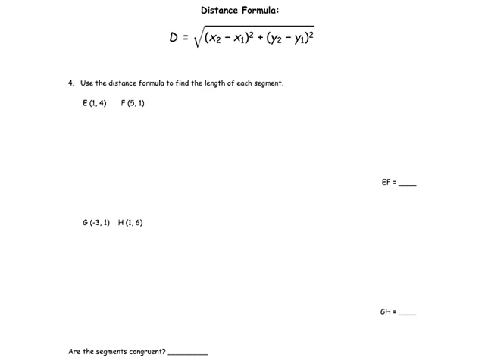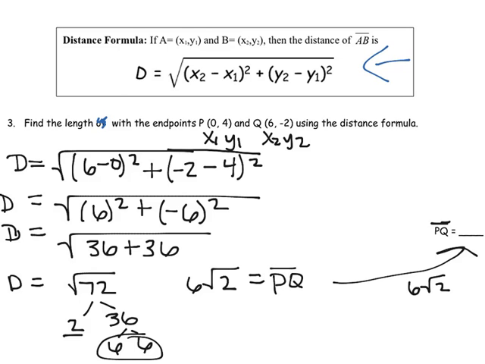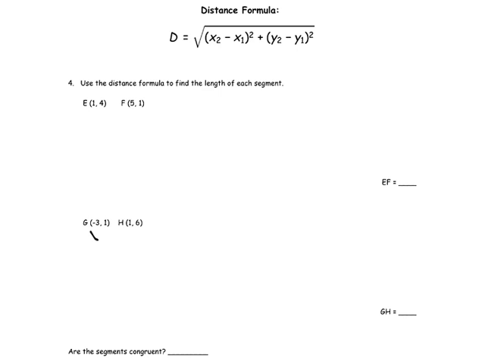So I'm going to go ahead and do the second one for you. We're going to label this x1, y1, x2, y2. We're going to use our distance formula. Distance equals the square root of 1 minus 3. Actually, sorry, it's a negative, so let's do that.